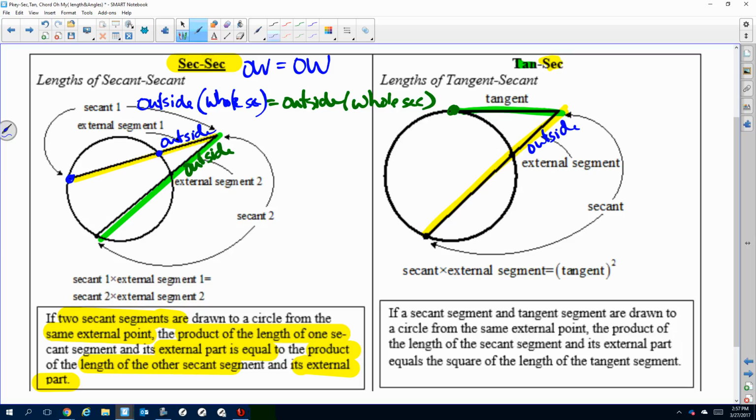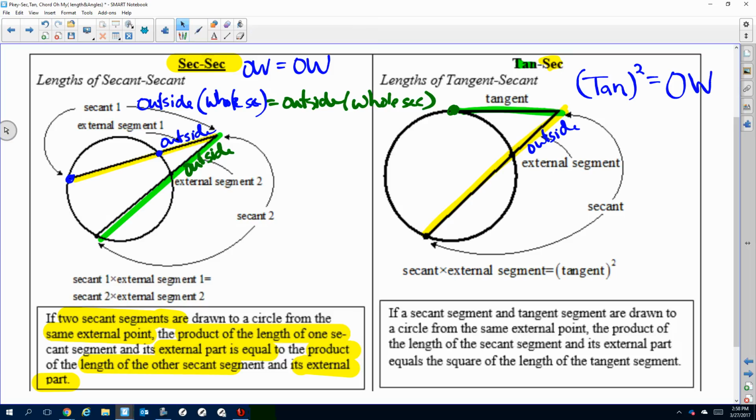So whenever you have a tangent secant, the tangent part, when you square it, is equal to the outside part times the whole secant. Okay, the tangent squared is equal to the outside part of the secant times the whole secant.